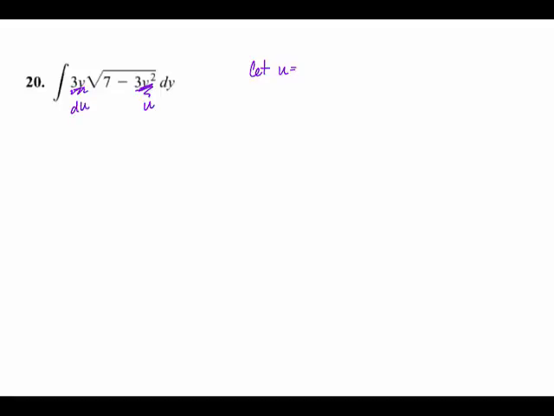And let's flesh that out a little better than this in theory business, and say, let's have u be all that stuff under the radical, 7 minus 3y squared. Then the derivative of u is the derivative of 7, 0, minus 6y with respect to y.